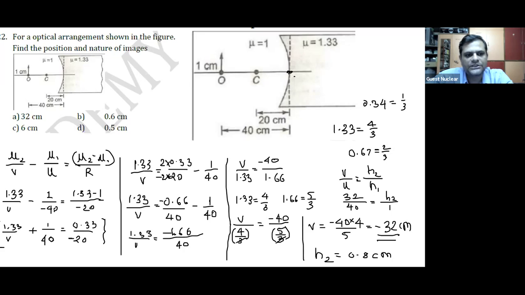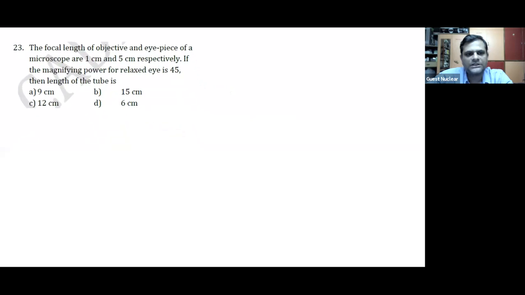Yes, and its location will be at 32 centimeter, no doubt. So A is going to be actually the correct option. भले उन्होंने वहाँ पे पोजीशन एंड नेचर ऑफ इमेज बोला है, तो पोजीशन तो हमको मिल गया यहाँ पे जो कि 32 सेंटीमीटर है, बाकी उसका नेचर भी हमने निकाल लिया. It is at the left side of the pole, मतलब यहाँ पे 32 सेंटीमीटर पे. Very easy actually.